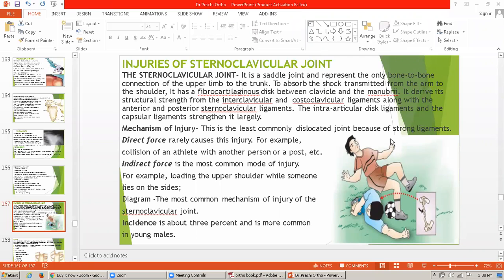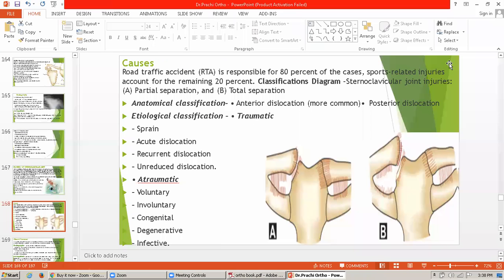In this diagram, we can see an injury to the sternoclavicular joint. The causes are road traffic accidents, that is RTA, responsible for 80% of cases. Sports related injuries account for the remaining 20%.